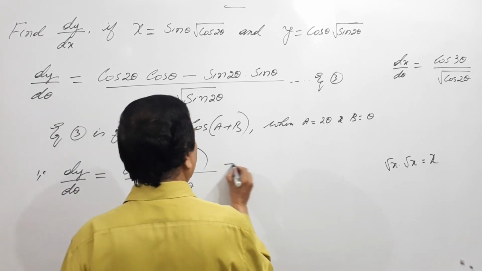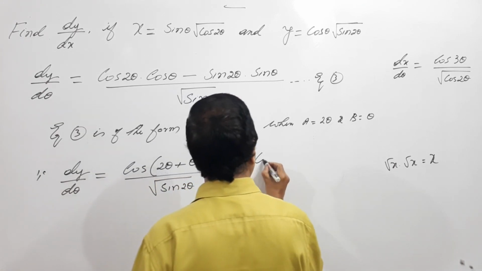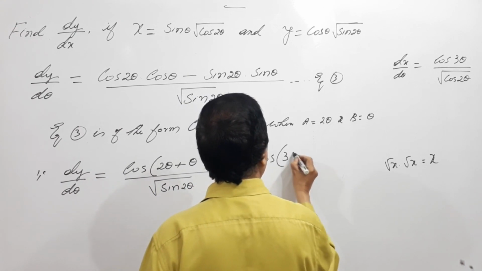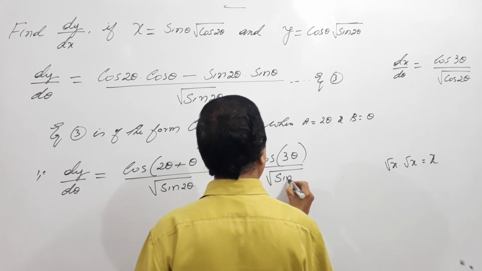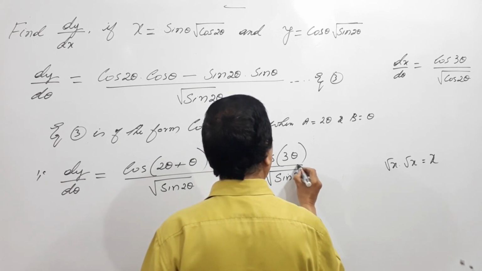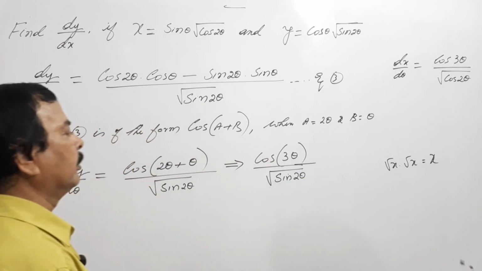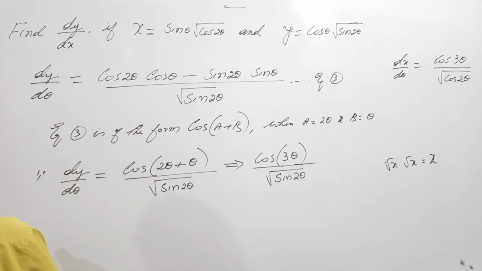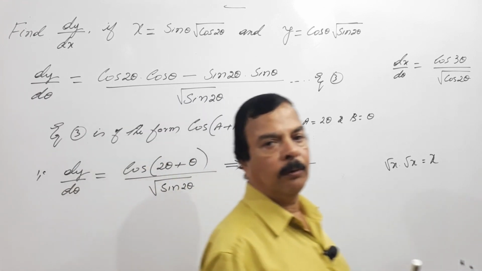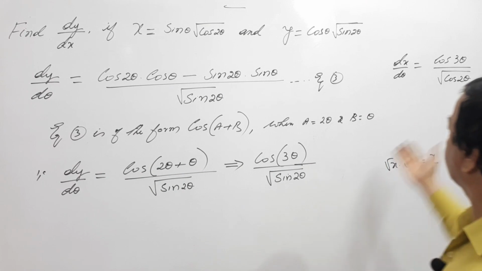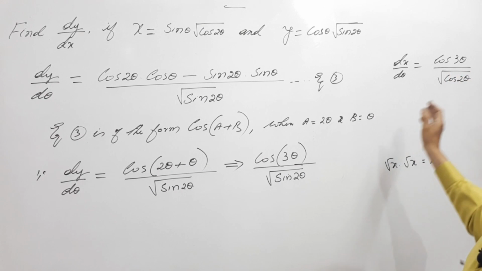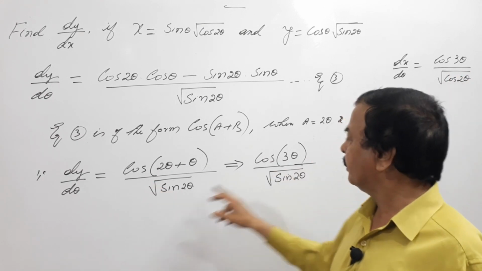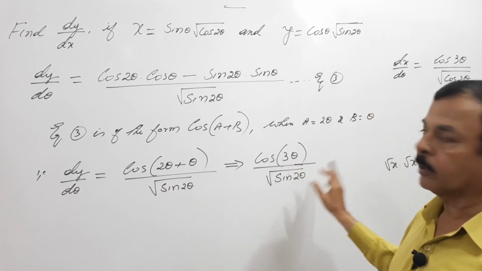So this is nothing but cos of 3 theta by under the root sin 2 theta. Done. I'll rub this. Now you have found out dx by d theta, which was cos 3 theta by under the root cos 2 theta, and dy by d theta is cos 3 theta by under the root sin 2 theta.